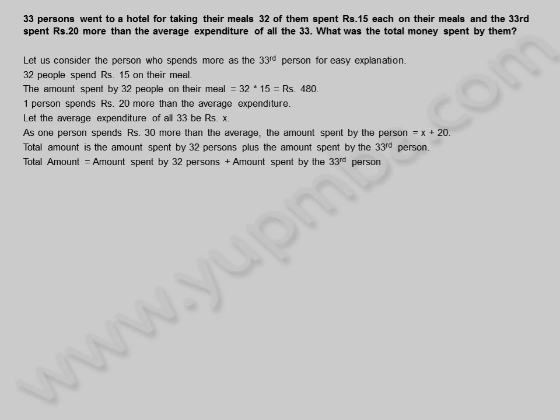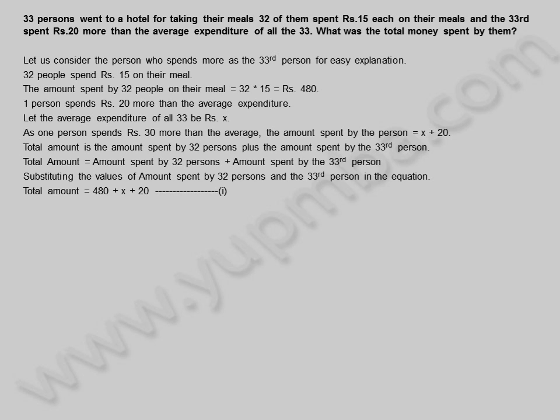Total amount is equal to amount spent by 32 persons plus amount spent by the 33rd person. Substituting the values in the equation, total amount is equal to 480 plus X plus 20. Keeping this as equation 1.